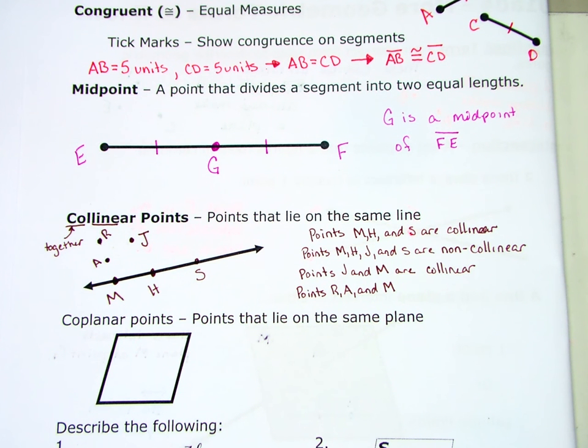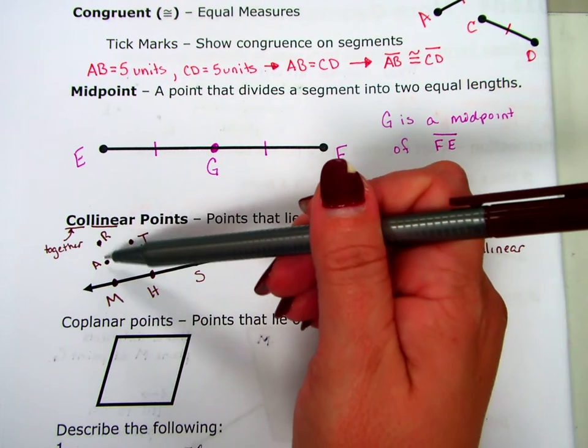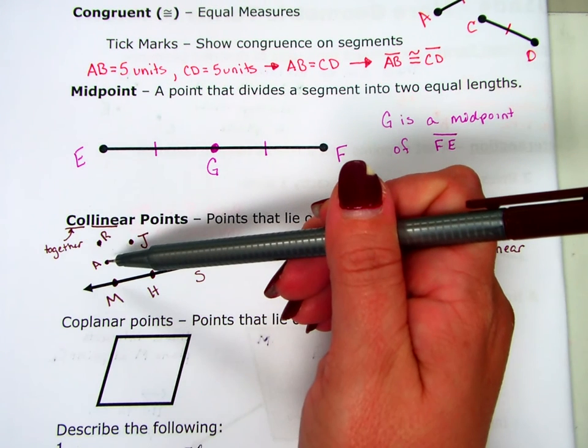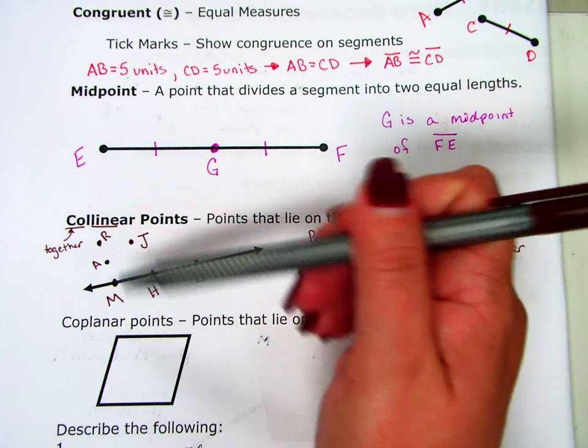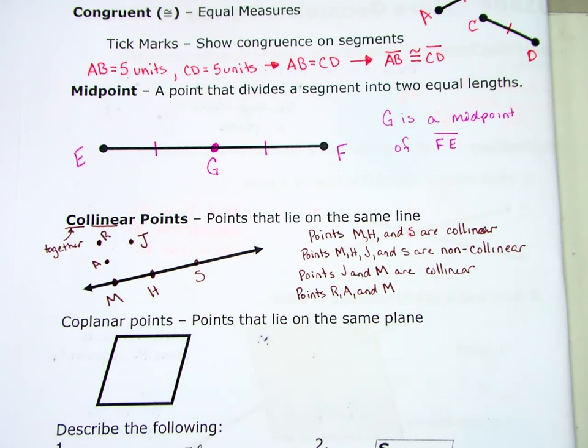No, because our eyeballs are not microscopes. Even if they look like they're exactly in a line, one of these 3 points could be just a fraction of a fraction of a fraction off the line, and our eyeballs wouldn't be able to see it. So if you have 2 points and you don't see a line, it can be invisible.